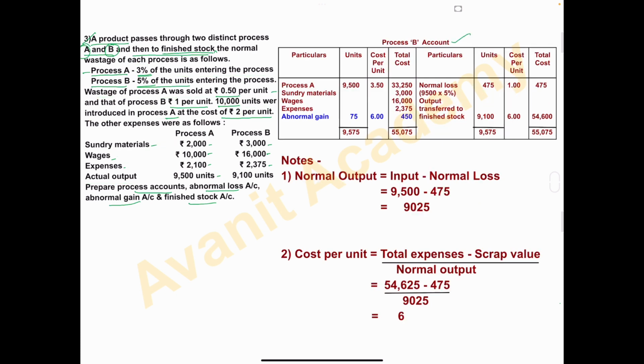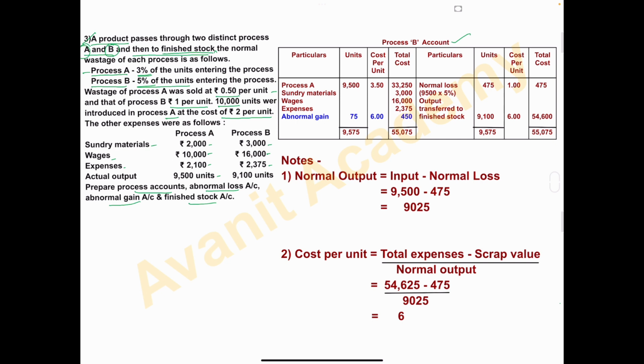Process B account. Columns are same. So whatever the output we have got in process A, that quantity, that amount we will take as the input of process B. So in process A, we have got output 9,500 at the rate 3.50 and the amount is 33,250. So these all things will be transferred to process B account.